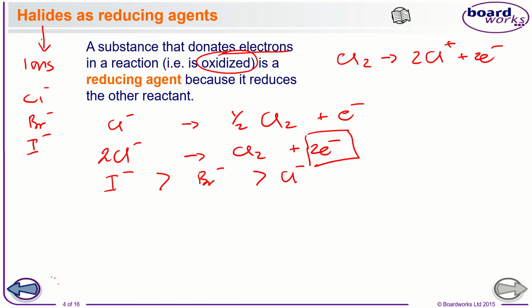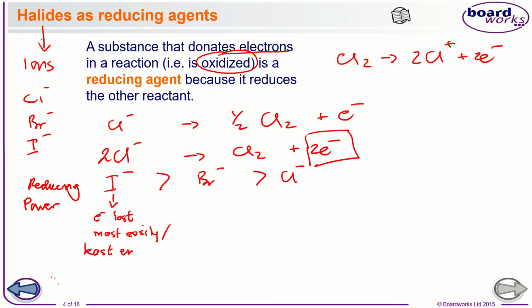Well, if you think about it, in order for something to be a reducing agent, it has to lose electrons. So we're basically saying, if this is the order of reducing power, iodide being the greatest, then iodide can have its electrons removed or lost most easily, in other words with the least energy.